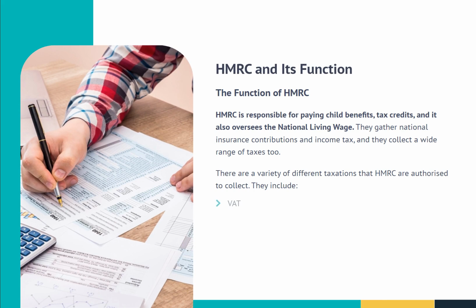HMRC is responsible for paying child benefits, tax credits, and it also oversees the national living wage. They gather national insurance contributions and income tax, and they collect a wide range of taxes too. There are a variety of different taxations that HMRC are authorized to collect.